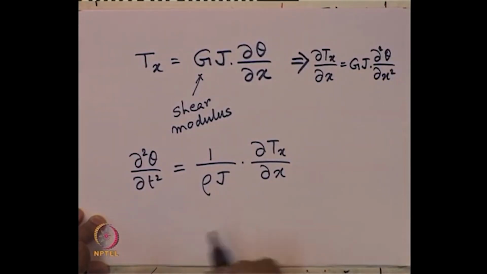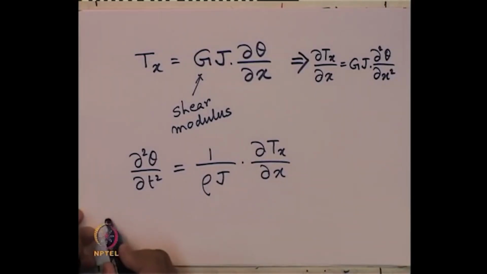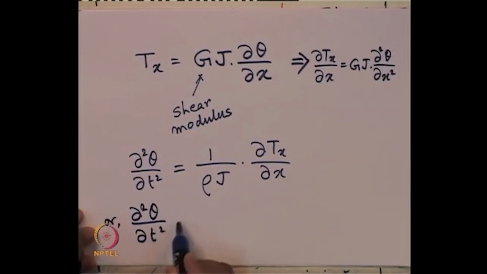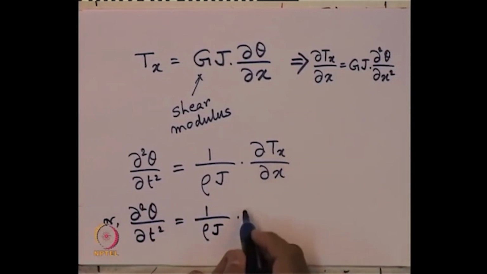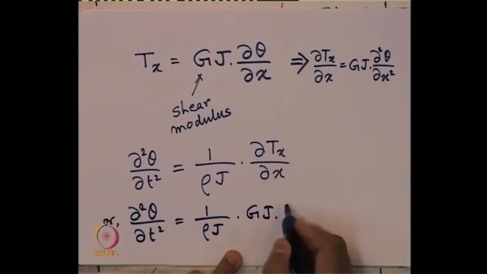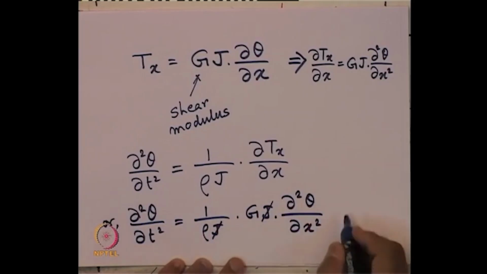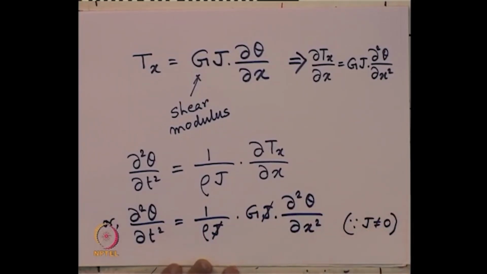So, we can put that over here, which gives del 2 theta del t square equals 1 by rho J times GJ times del 2 theta del x square. Now, this J gets cancelled because J is non-zero; the polar moment of inertia cannot be 0 for this rod.